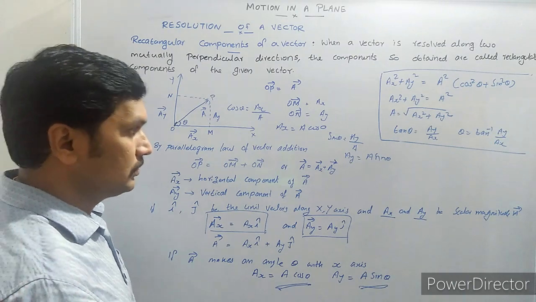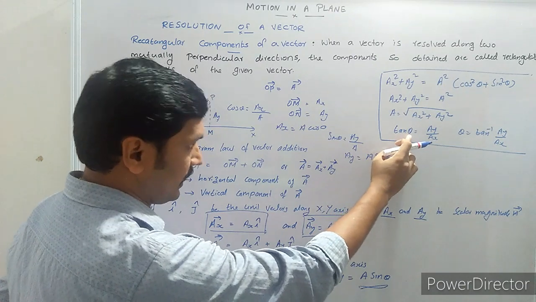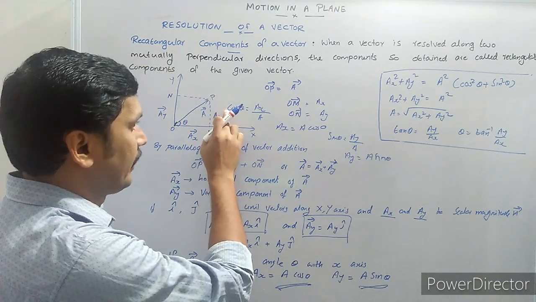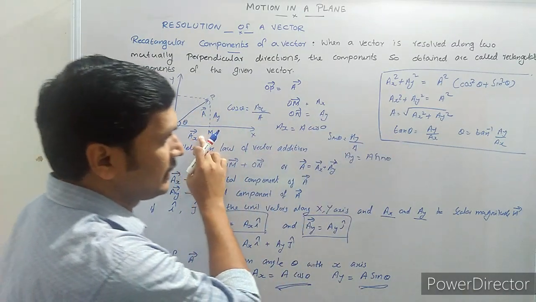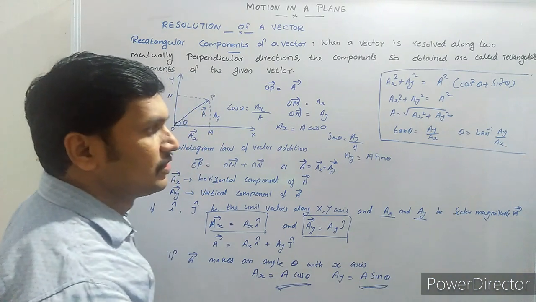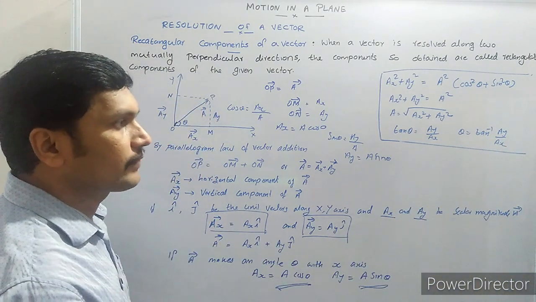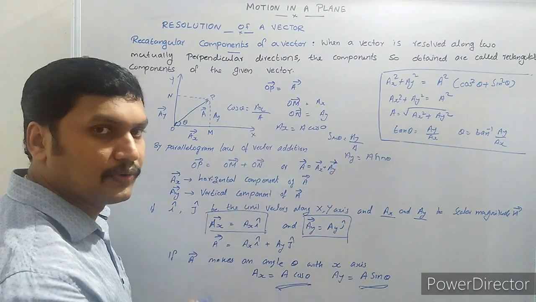Now see the angle theta. We can write tan theta is equal to Ay by Ax, or theta is equal to tan inverse of Ay by Ax. That is the rectangular component of a vector.